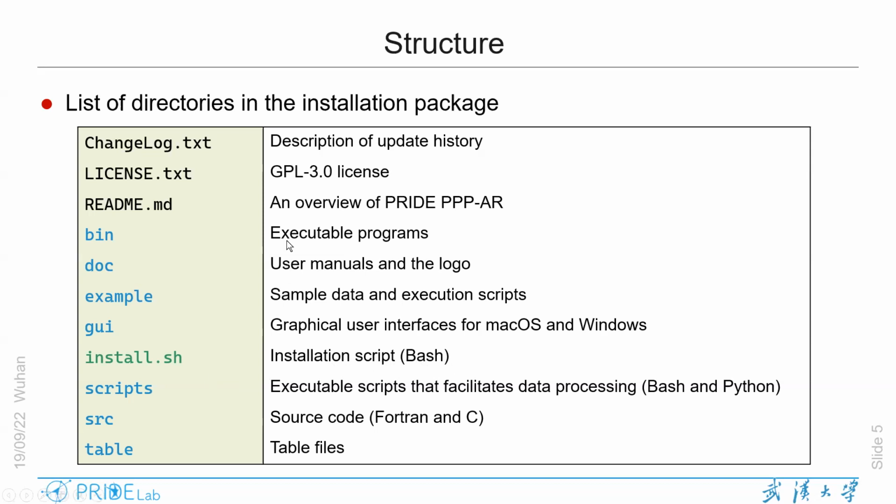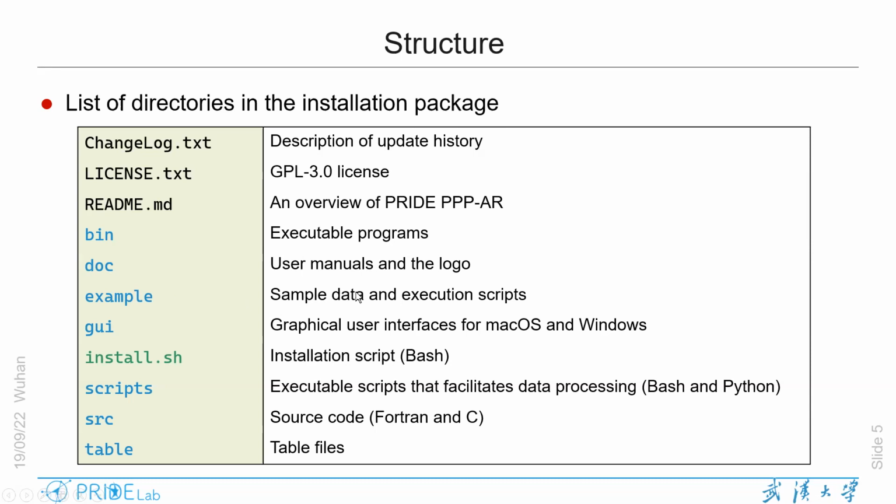As for the folders, you may not find the bin folder at first in the software package, but it will appear after you successfully install the program, and it stores all the executable programs we used. The doc folder holds the manuals that you can refer to when you encounter problems. The example folder holds some data, and you can use them to learn the basic usage of the PPP command.